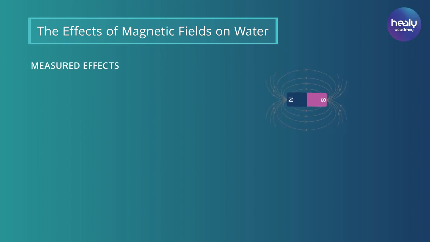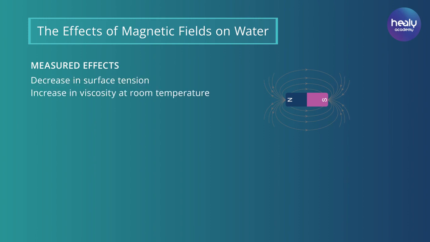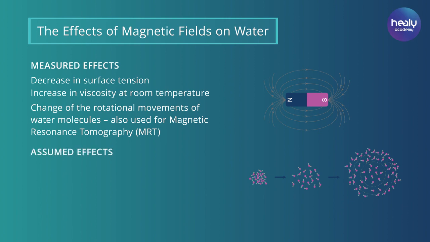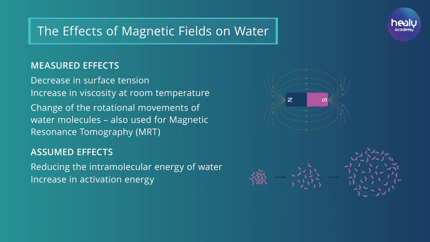Electromagnetic fields also interact with the charged poles of the water molecules and can thus not only reduce the surface tension mentioned above or influence the viscosity, i.e. the flow behavior at room temperature, but are even able to influence the movement, orientation, and rotation of the molecules. This is a fact that we utilize in magnetic resonance tomography, for instance. In addition, there are numerous other hypothesized effects, such as a possible decrease in intramolecular energy, an increase in activation energy, and changes in the size of the water clusters that are formed.